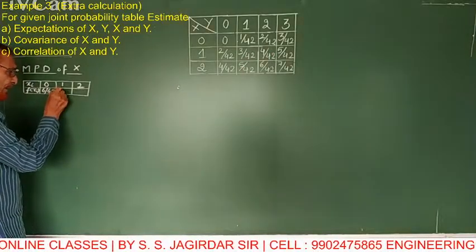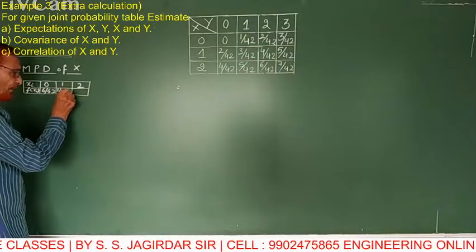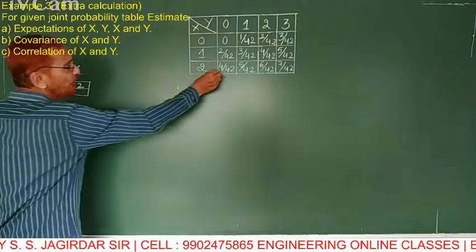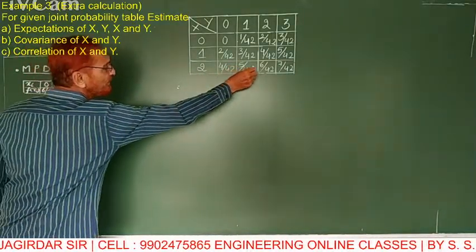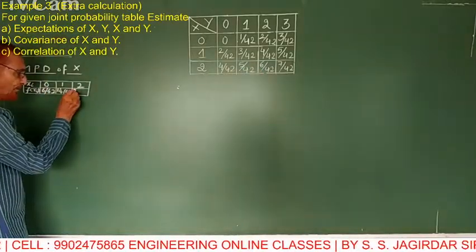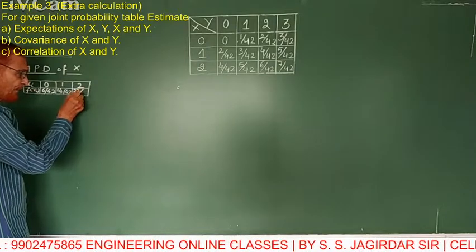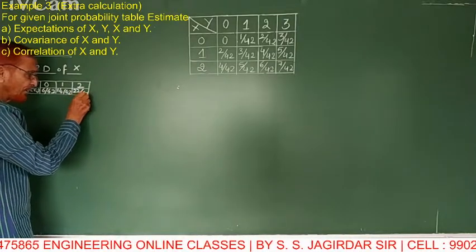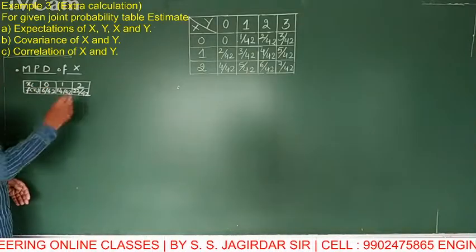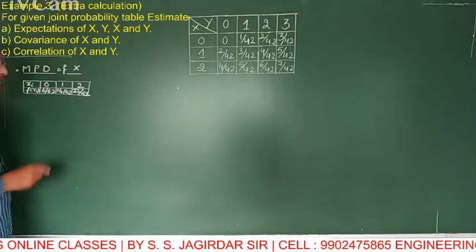So it is 14 upon 42. In the similar manner, the next value is 4 plus 5 is 9, 9 plus 6 is 15, 15 plus 7 is 22. So it is 22 upon 42. These are the marginal probabilities of the values of x for 0, 1 and 2.